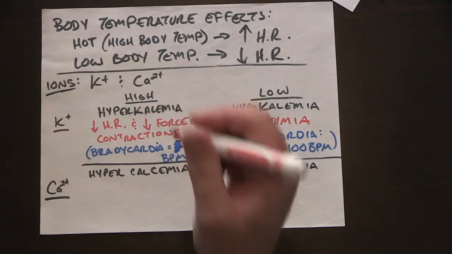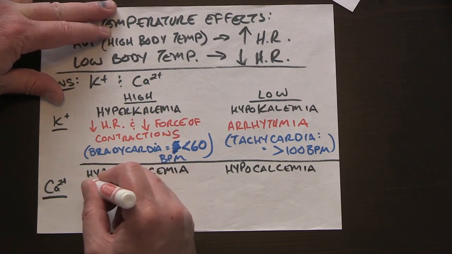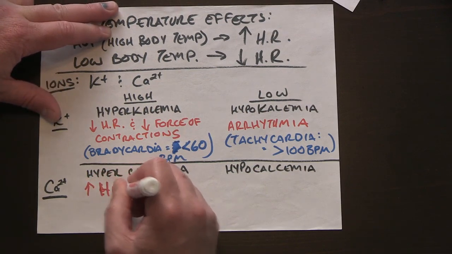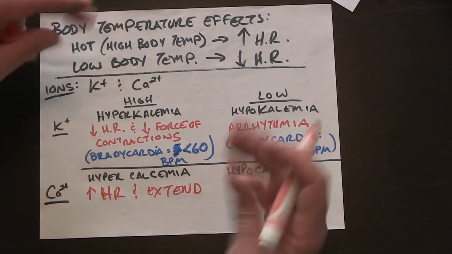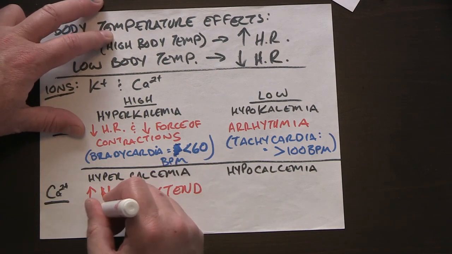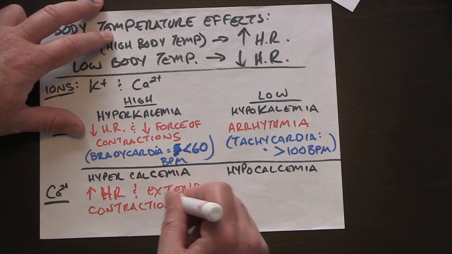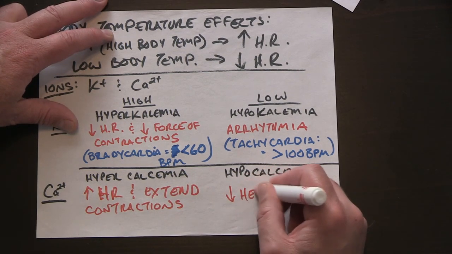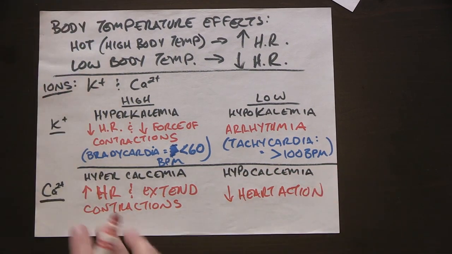And what can happen with hypercalcemia, this will increase the heart rate and extend the contractions so that the heart contracts for longer than it needs to. And then this over here basically can just decrease the action of the heart altogether.